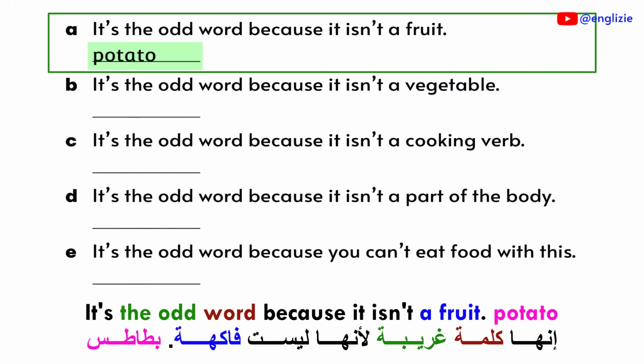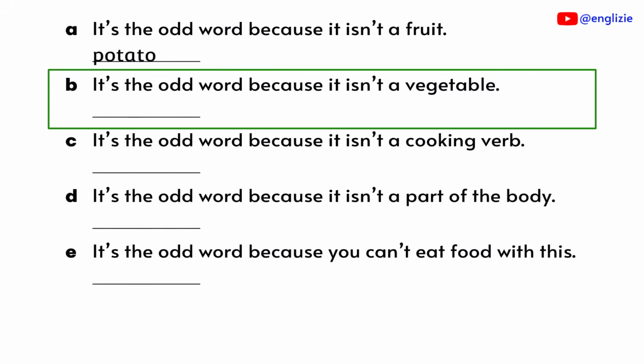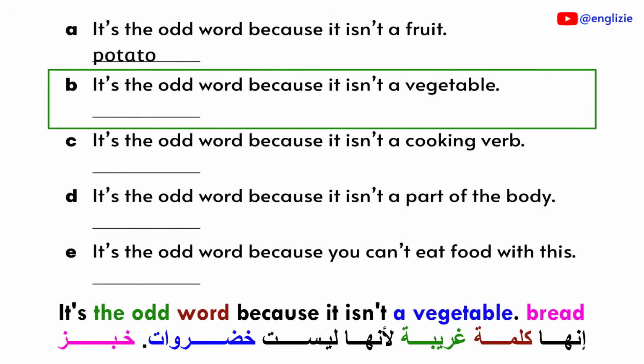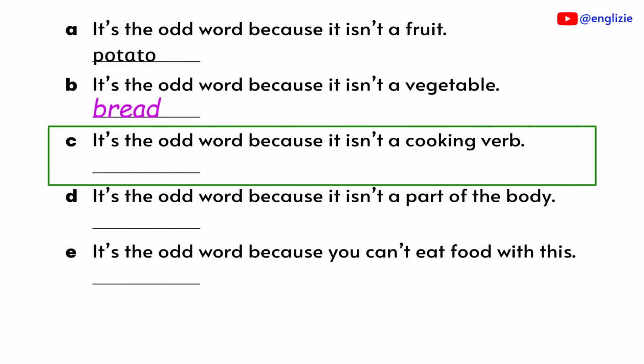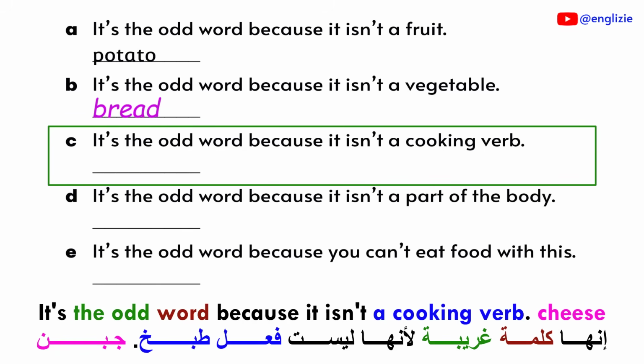B. It's the odd word because it isn't a vegetable. Bread. C. It's the odd word because it isn't a cooking verb. Cheese.